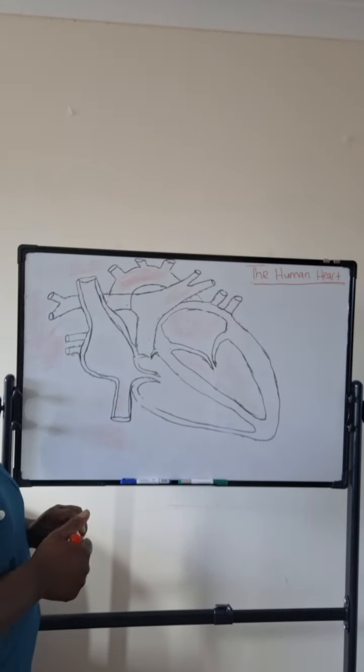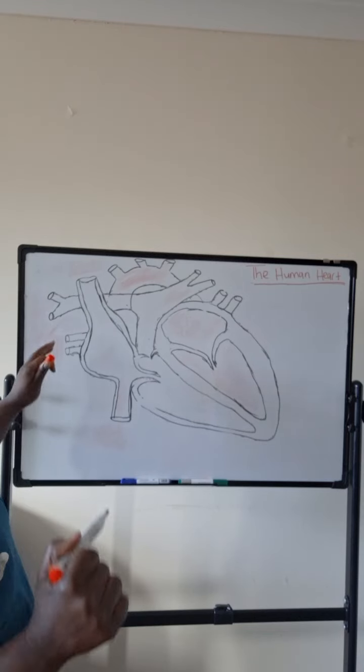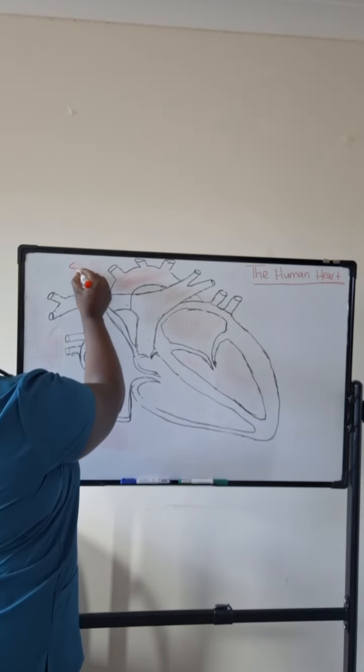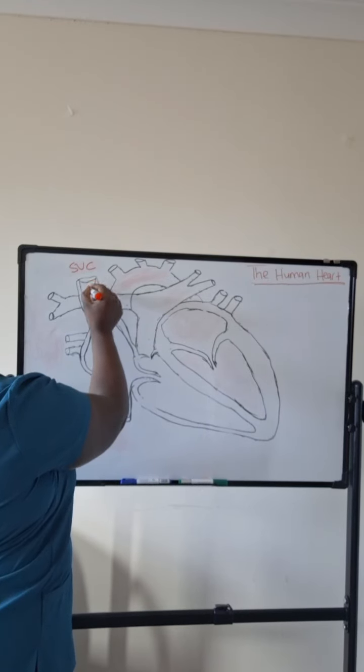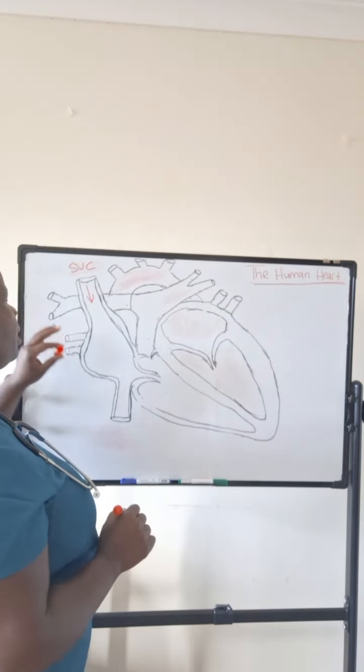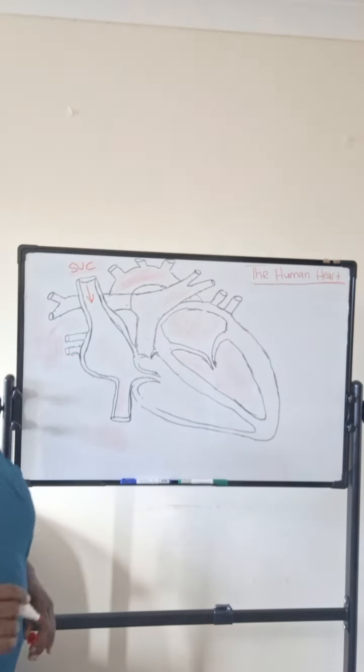So according to my rough sketch, this is the superior vena cava, which brings in deoxygenated blood from the upper part of the body.